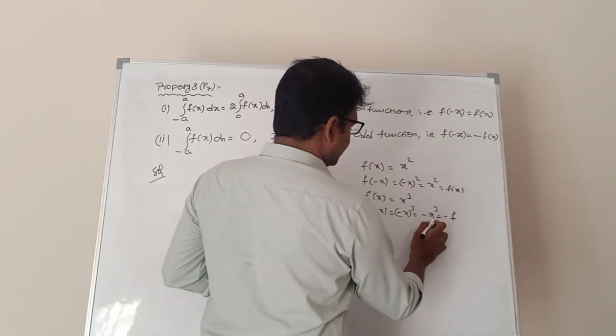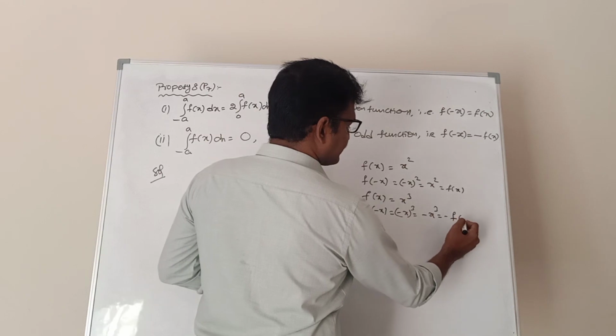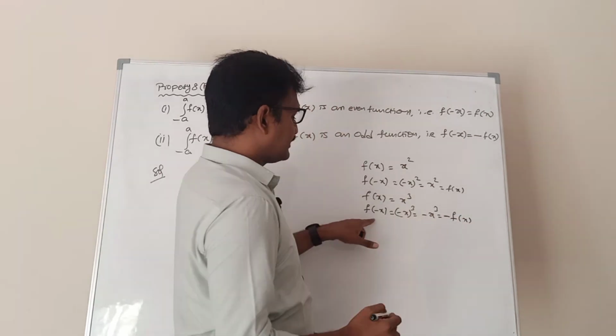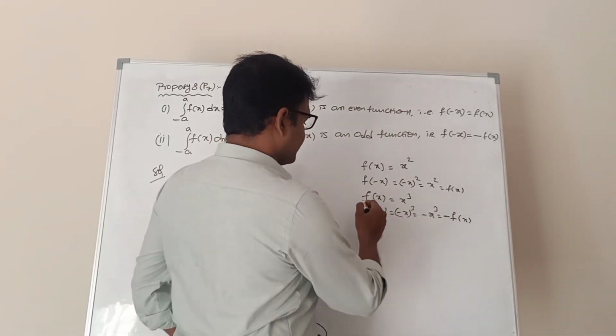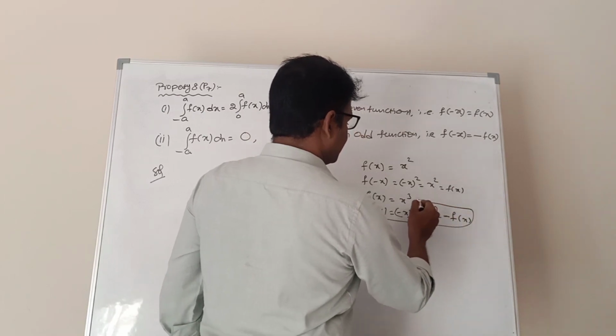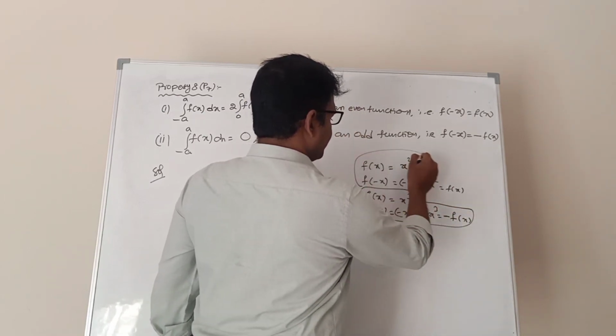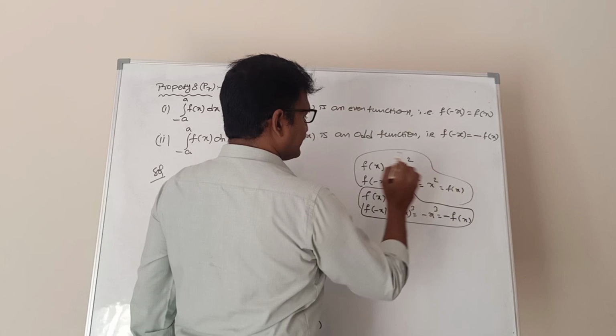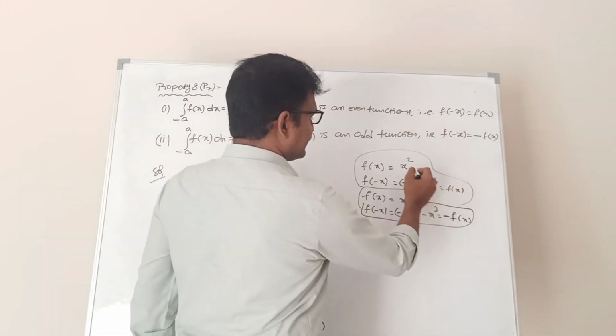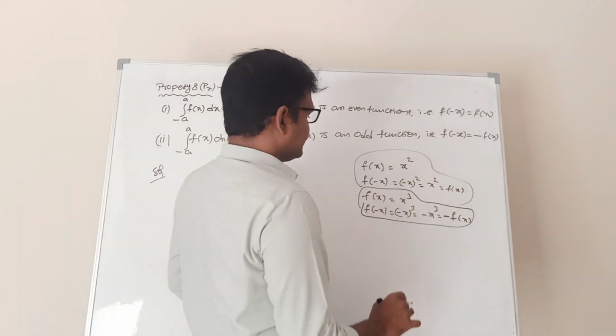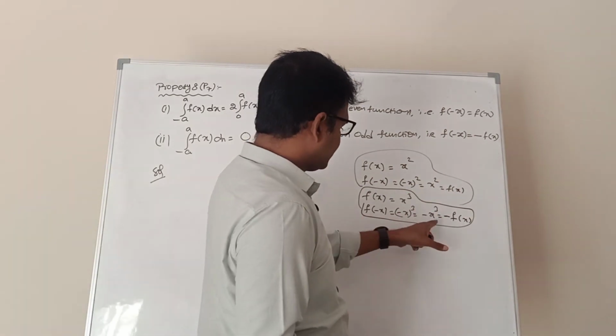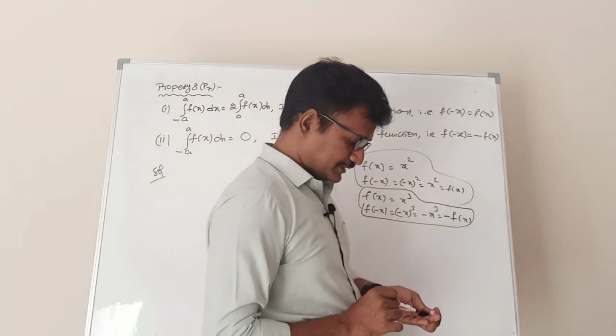Minus of x cube means minus of f of x. So f of minus x is minus f of x. Here f of minus x is again equal to f of x. So this is called an even function and this is called an odd function.